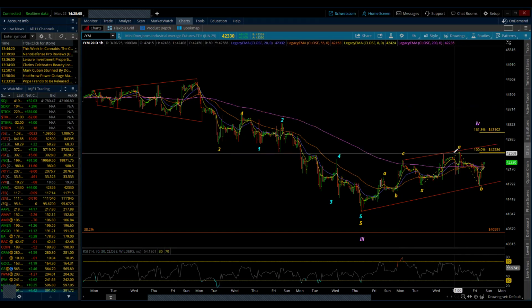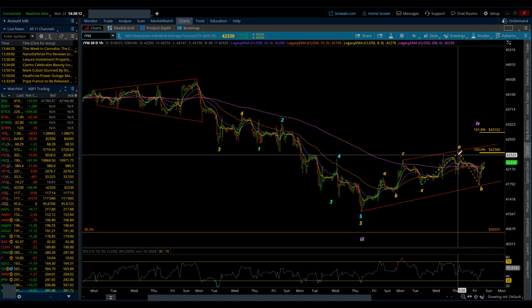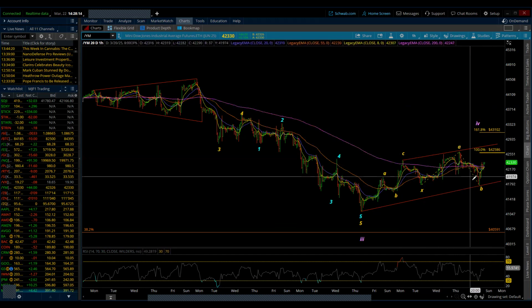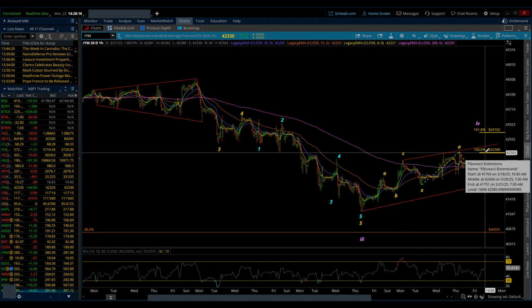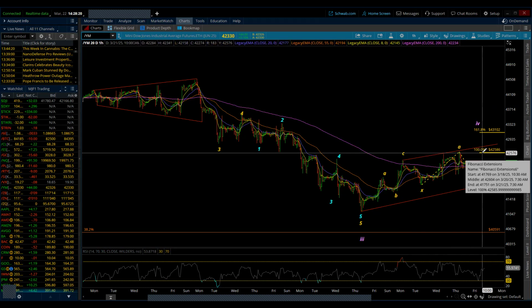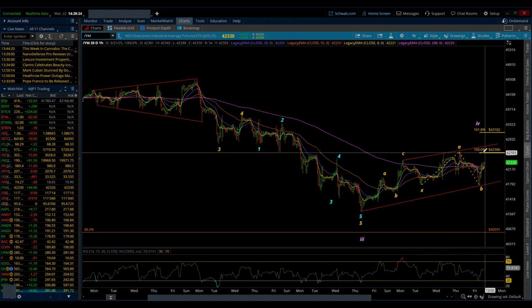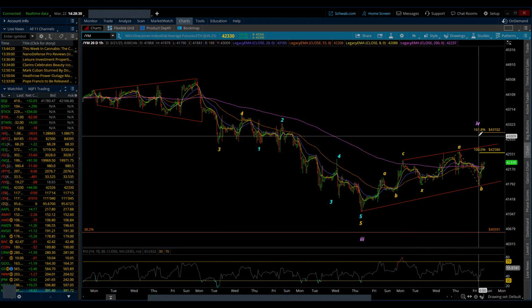And so it basically is a flat, but it's just making the difference between that low to that high and that low to this high. To be flat, it can reach 100%. 42,586, I would consider it flat. But if it goes up through that and breaks the upper channel line, well, then I'm looking for 1.618.